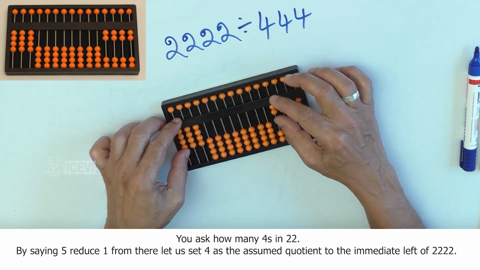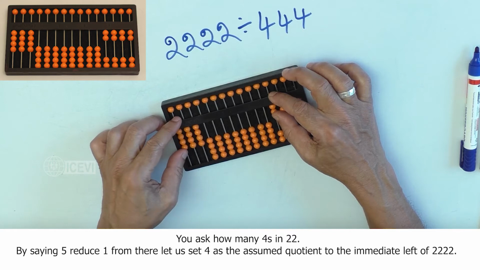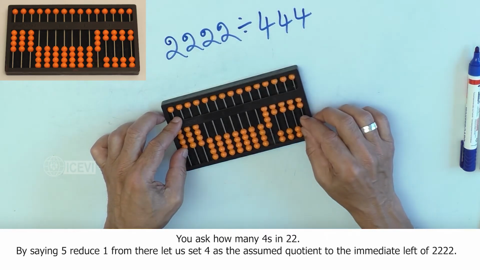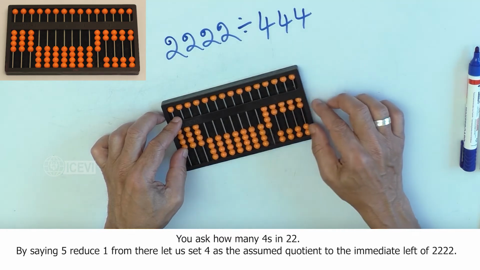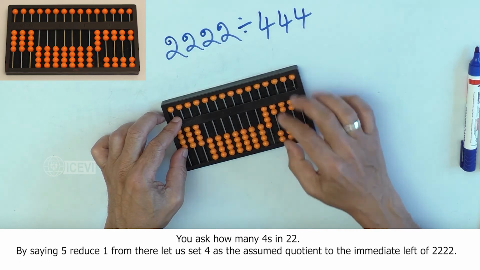By saying 5, reduce 1 from there and let us set 4 as the assumed quotient to the immediate left of 2222.